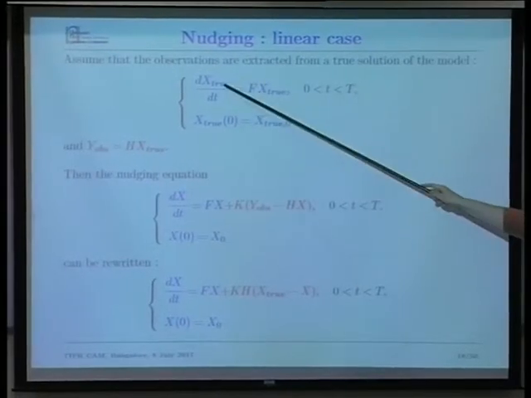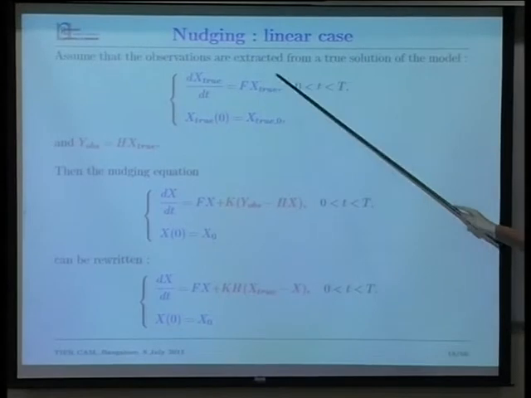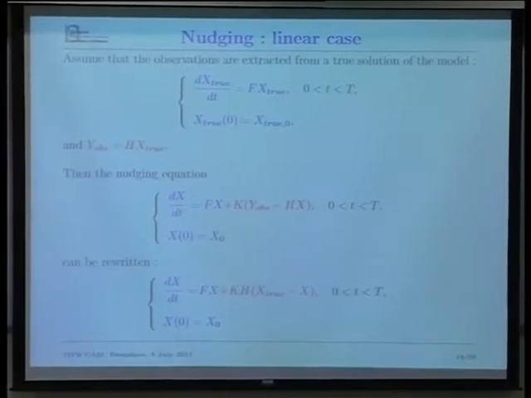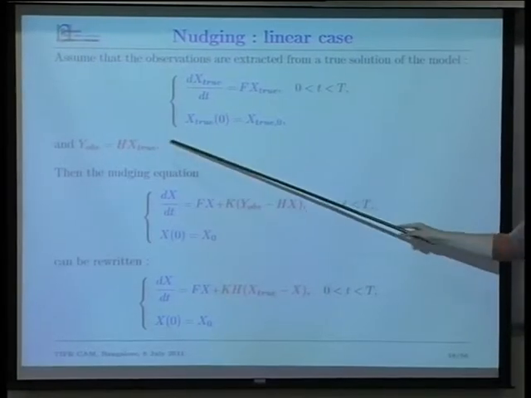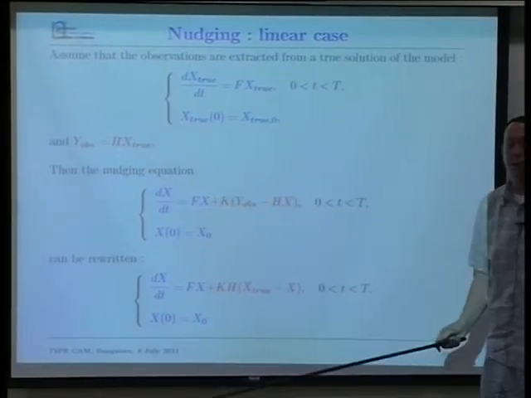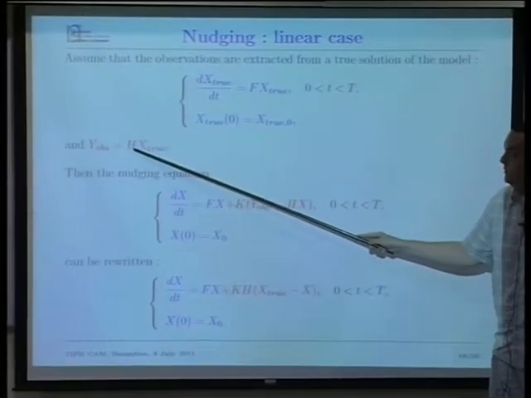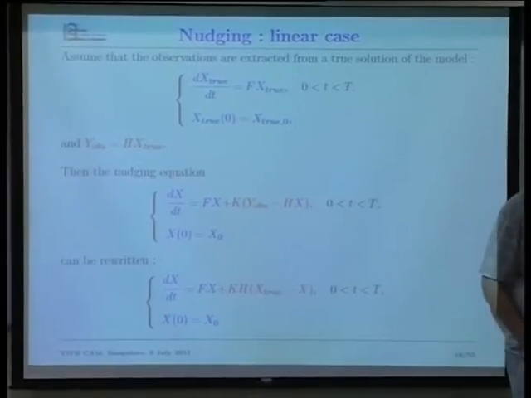If we know everything about X true, then there is nothing to do. So we assume that we know X true through the observation operator. So we know the observation, which is H times X true.